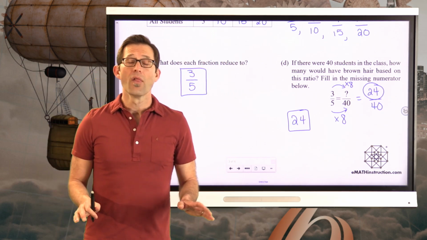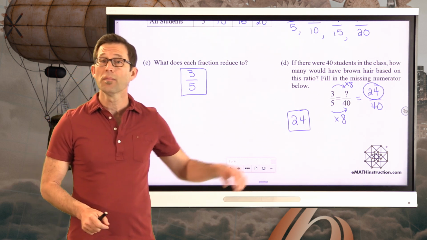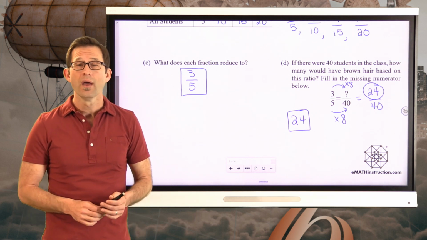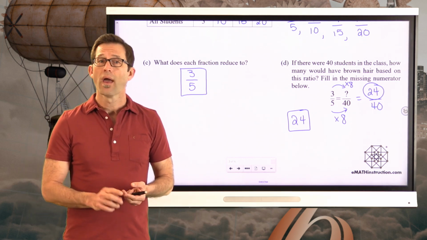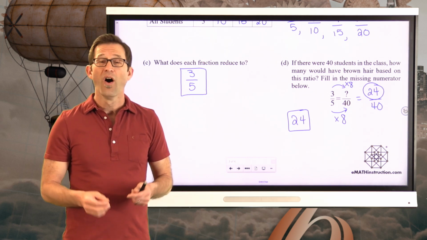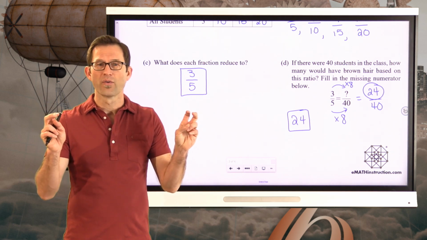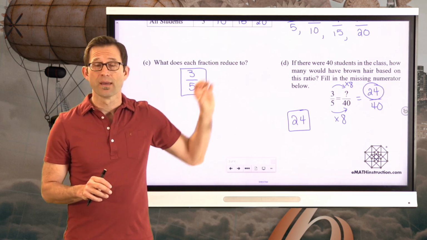And quite frankly, the majority of the time now that I try to solve ratio problems, I'm going to be using this idea of just two fractions that are equivalent to each other. Because you've gotten used to that both when you simplify fractions and when you add and subtract fractions and you have to get common denominators, right? Oftentimes when you simplify a fraction, you're scaling down, making the numerator and the denominator smaller by dividing by the same number.